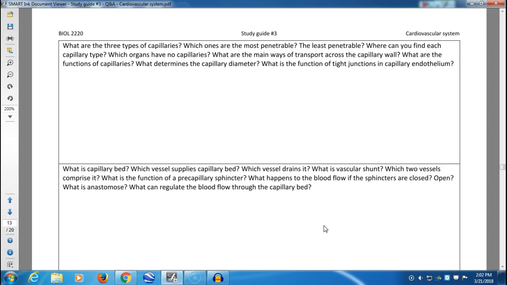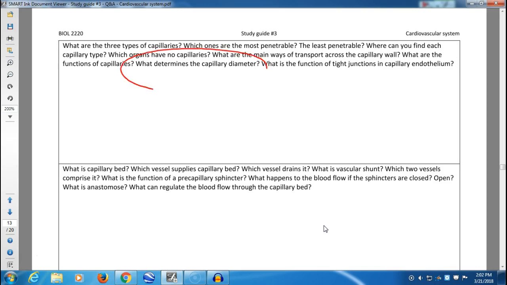I'm not going to ask you about the structures that enable transport, but I definitely am going to ask you about permeability, and be able to tell where they are. So if I ask what you're going to find in muscles, you tell me that's going to be continuous. What you're going to find in liver, you tell me those are sinusoids. Okay? Again, I'm not going to throw a curveball at you with this.